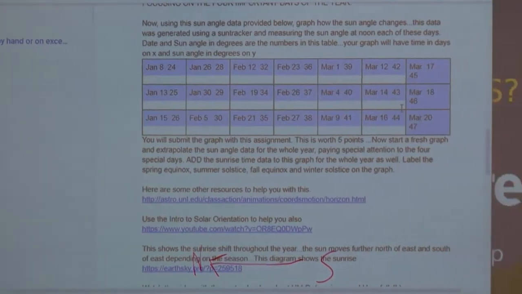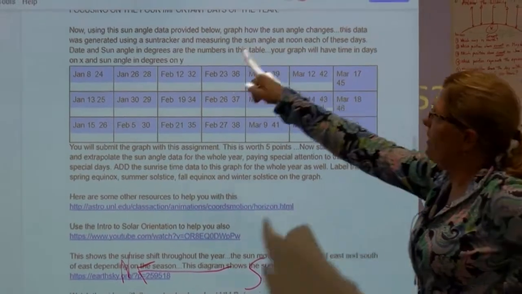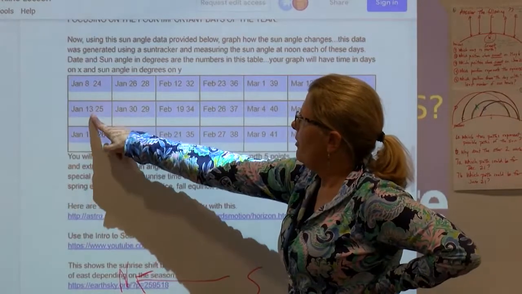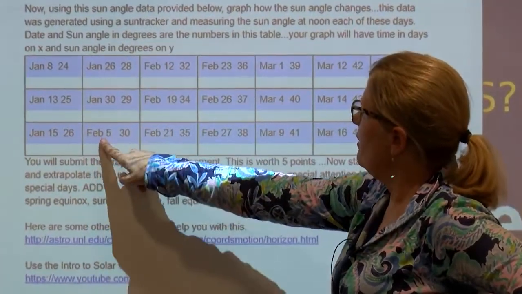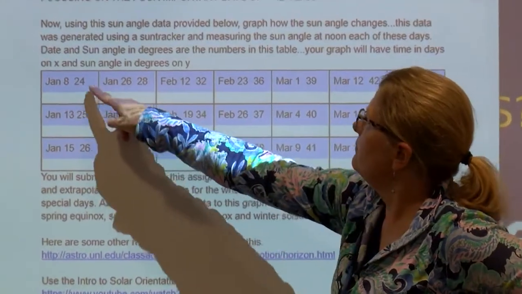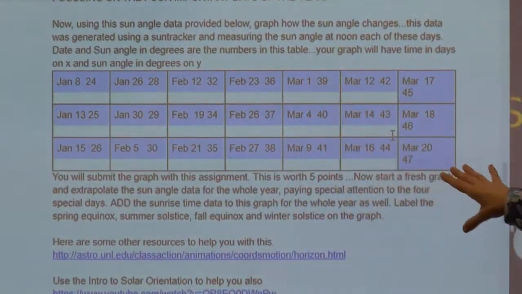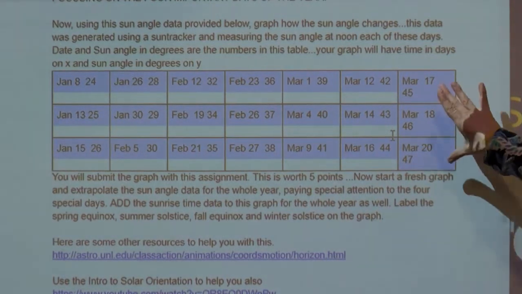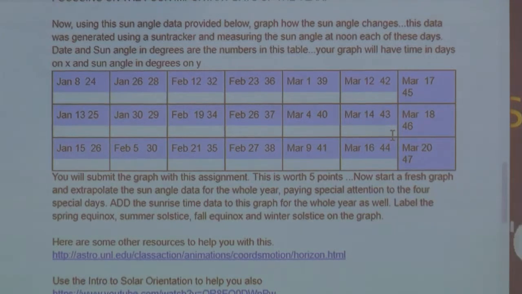Okay. So these are the sun angles. I want you to graph, look how it, the 8th, 13th, 15th, 26th, 30th, 5th. This is the sun angle. Okay. This is going to be graph number 3. So you're going to graph this, and you will submit this graph.